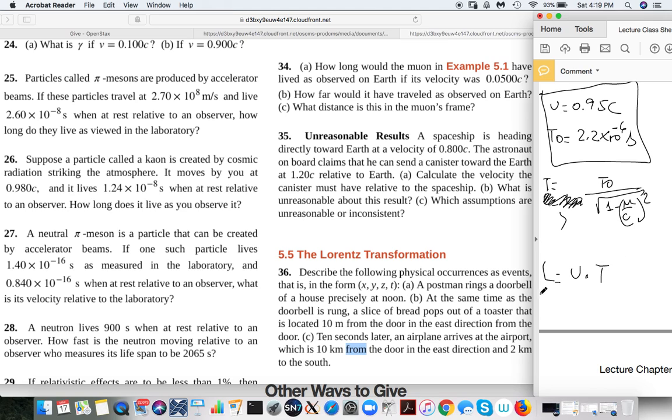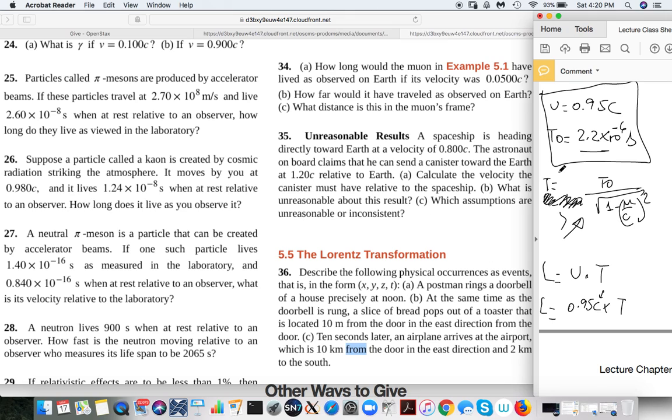Chris is doing his muon thing, and he knows the muon is going to live this many seconds. He knows the speed, and then he finds the length. Since the muons are produced high up in the atmosphere, it's going to be 0.95 c times the time you calculated up here. Then you convert c to 300,000 kilometers per second, and the work is done.